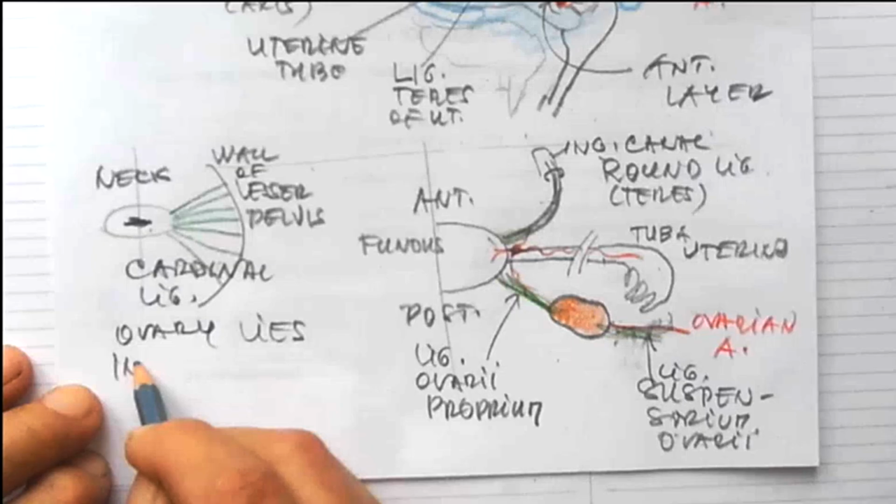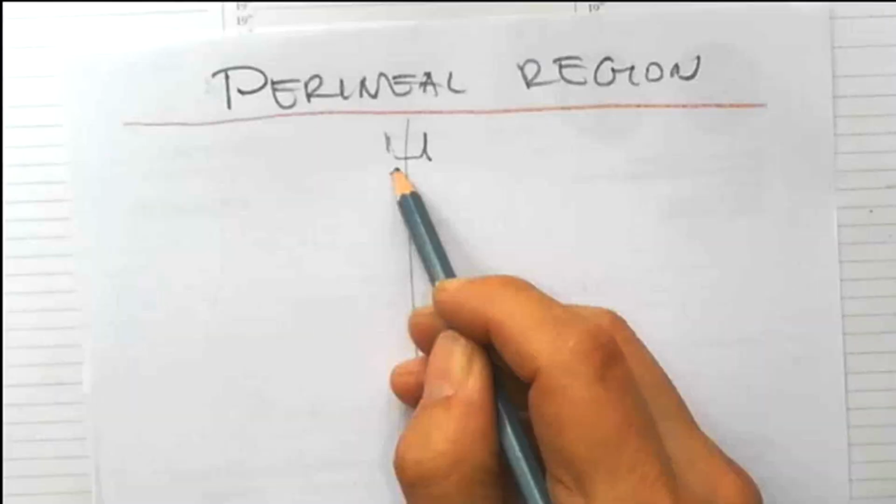So I don't remember the number. This is the perineal region, regio perinealis, together with the floor, the urogenital diaphragm. And we are looking at the position. Here we see the tubera ischiadica, then the tip of the coccyx.